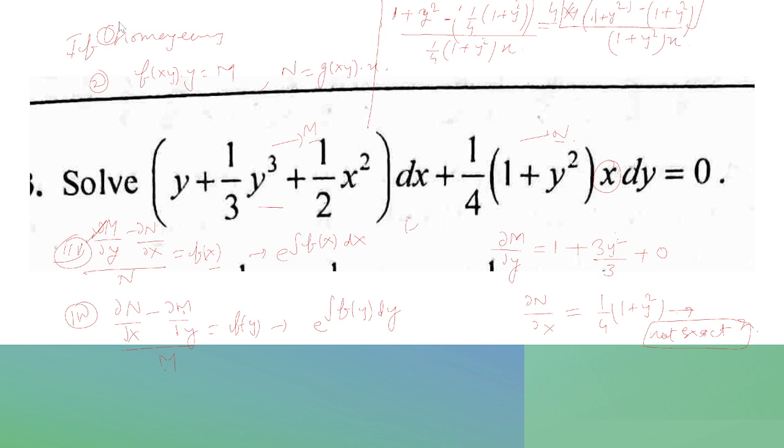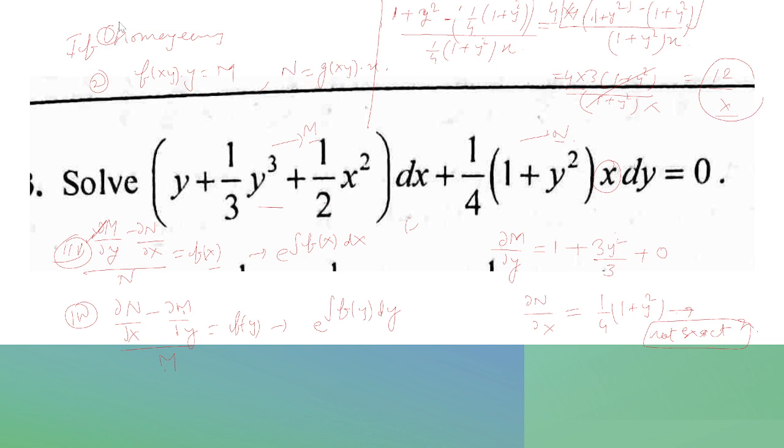Here what do we get? 4 into 1 plus y square minus 1 plus y square is 3 into 1 plus y square, and multiplied by 4 divided by 1 plus y square into x, and cancelling 1 plus y square with 1 plus y square, we get 12 by x.